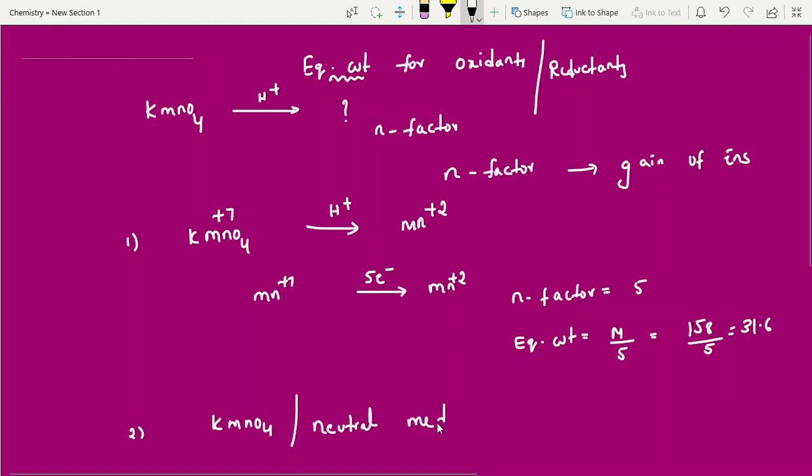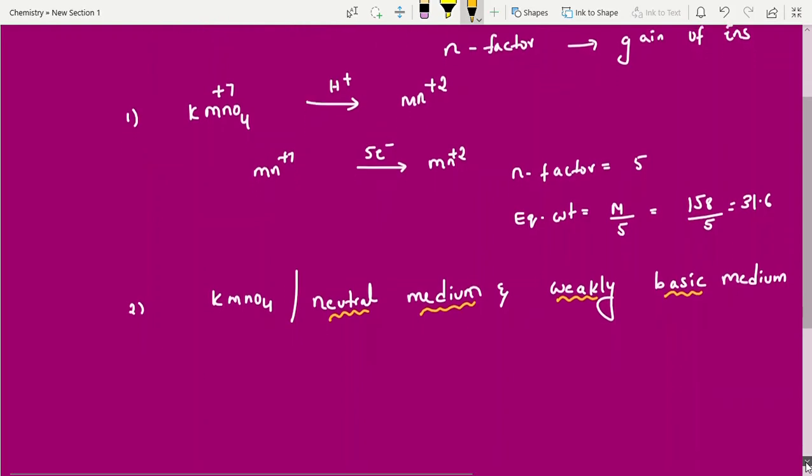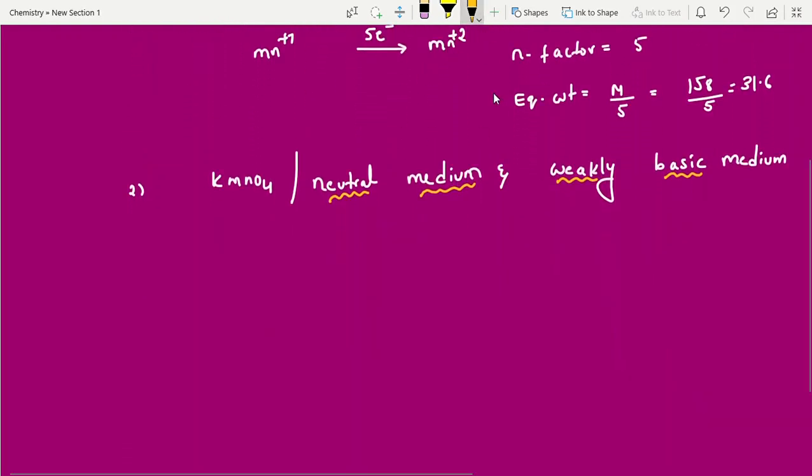Neutral medium and weakly basic medium. Now here KMnO4 is converting into MnO2.